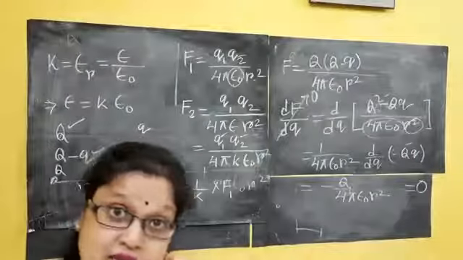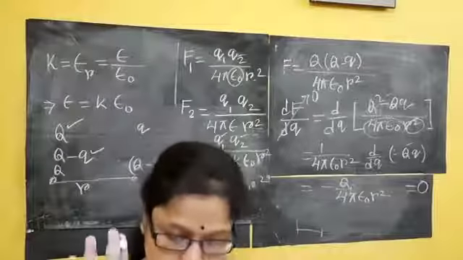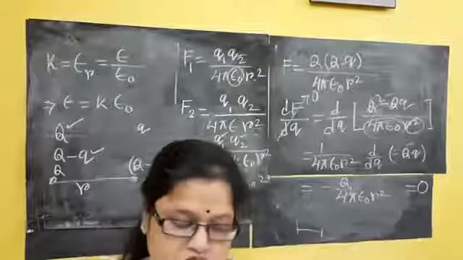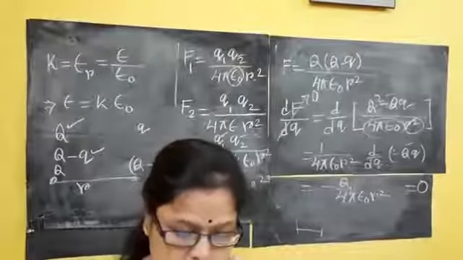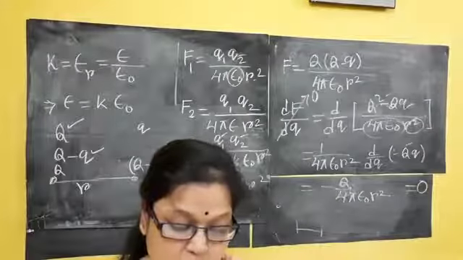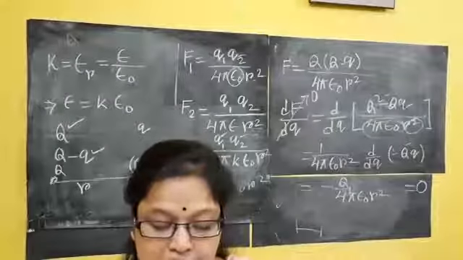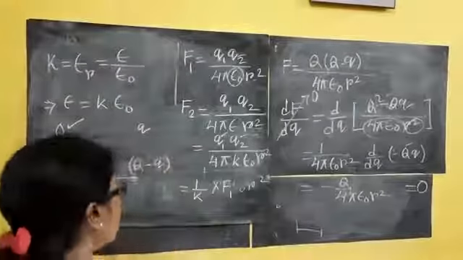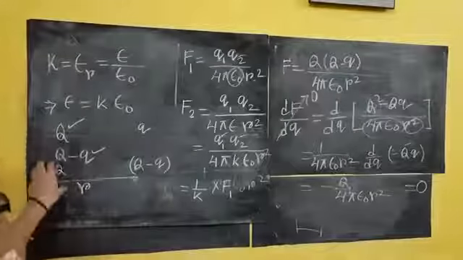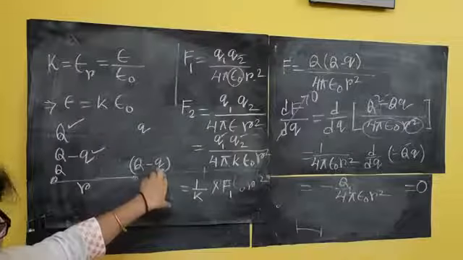But see, this type of wrong thing you can do in the exam. So I am telling you, read the question. According to the question, what is given? Find the charge on each particle when the effective force is maximum. Q is my total charge. How much had I taken? I had taken minus Q.